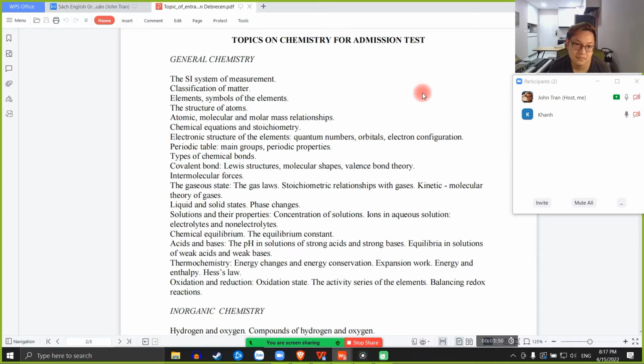Surrounding the nucleus are the electrons.